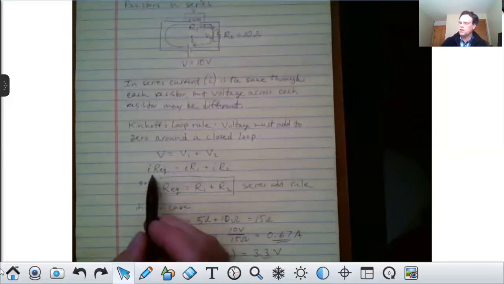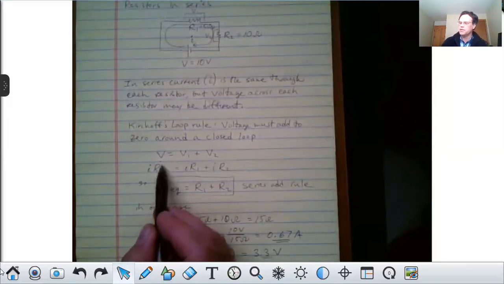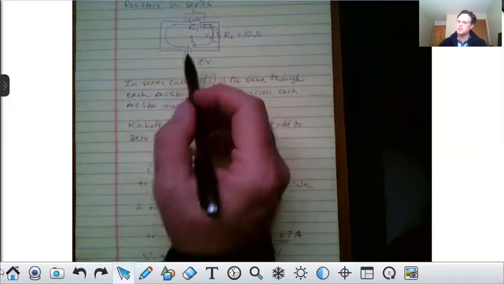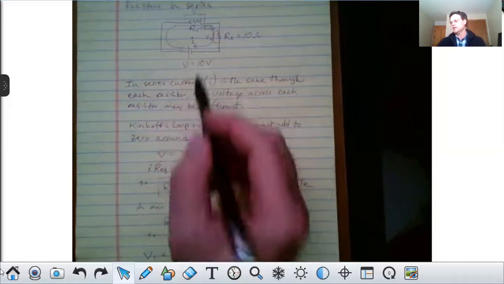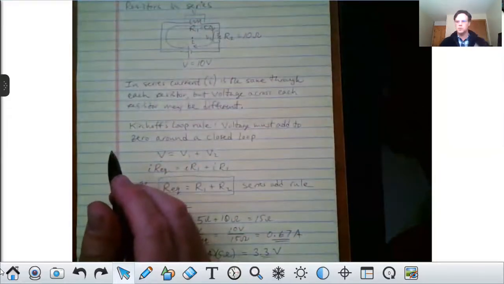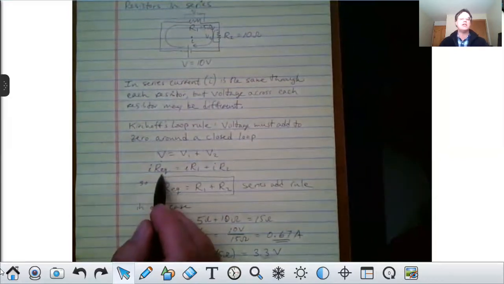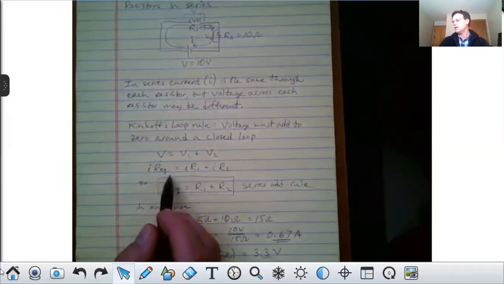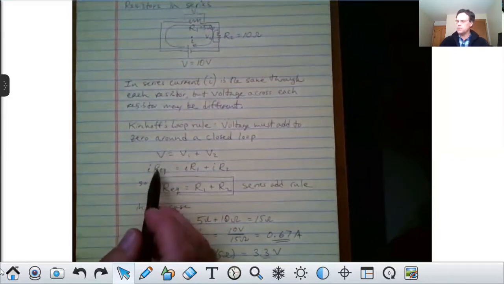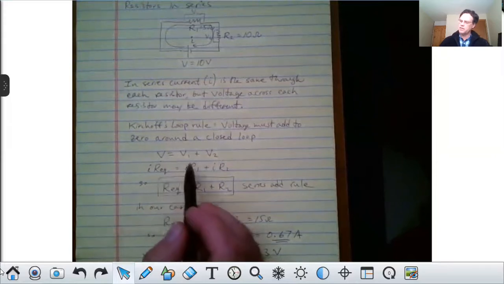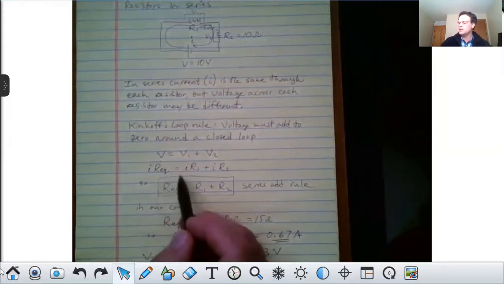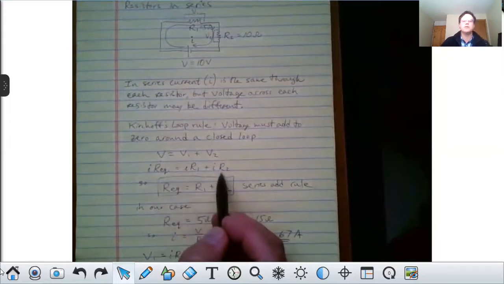Now, plugging in Ohm's law, we define an equivalent resistance. This is the resistance that the battery senses. It kind of, in some way, adds the resistors together to get a total resistance, and that's our Req. But according to Kirchhoff's rule and Ohm's law, V equals IR, so we have I Req equals I R1 plus I R2.